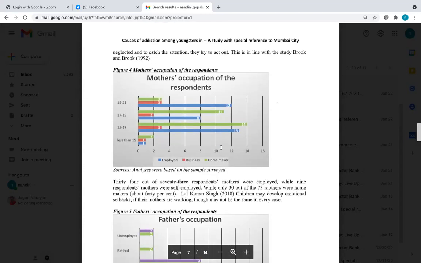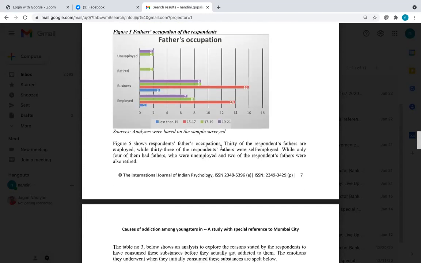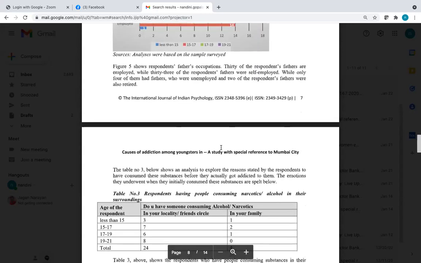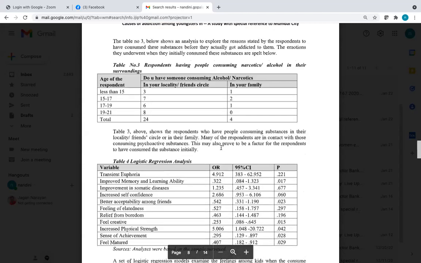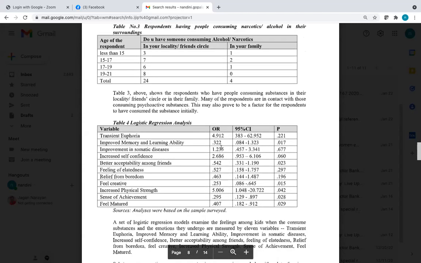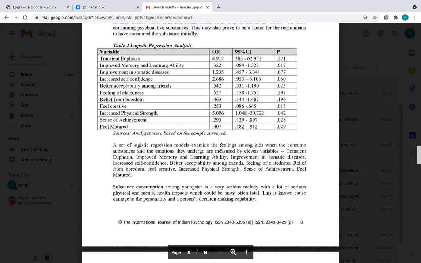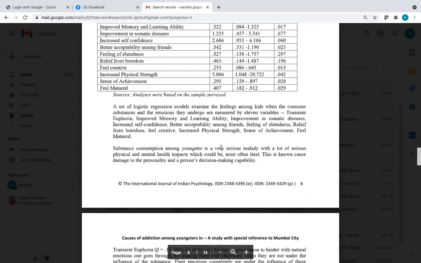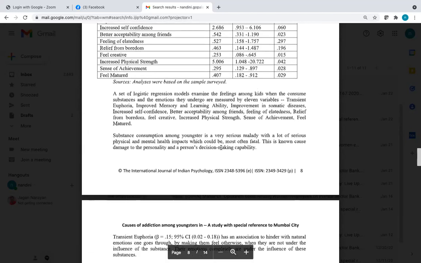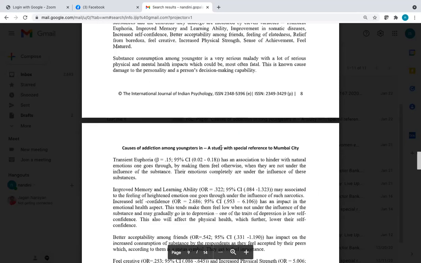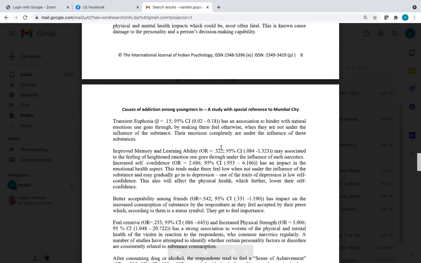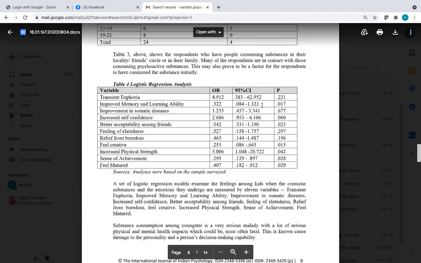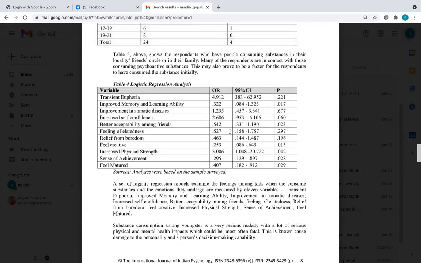Do you understand? Are you following? Class? Yes, ma'am. This is my final logistic regression model.